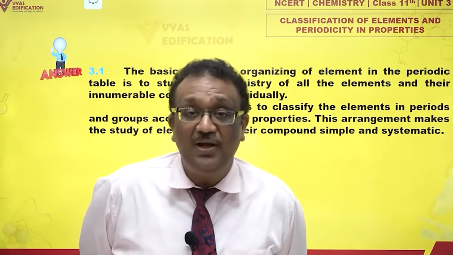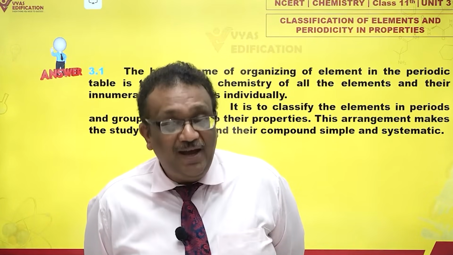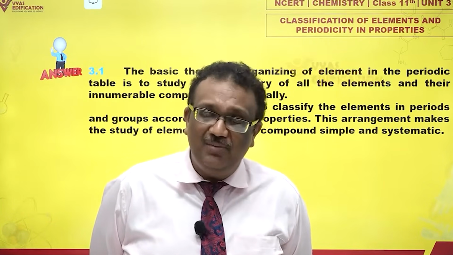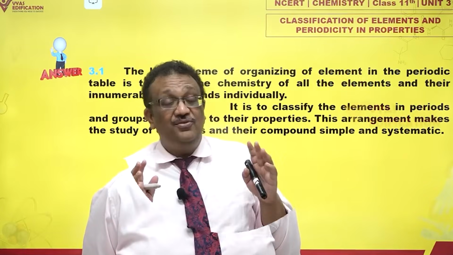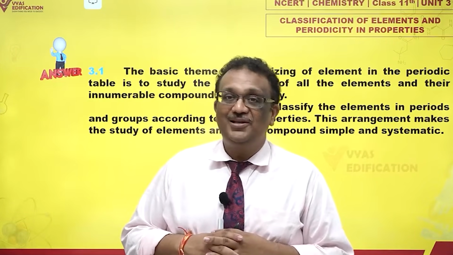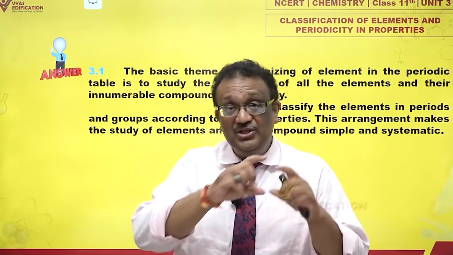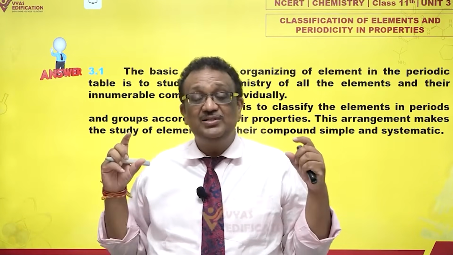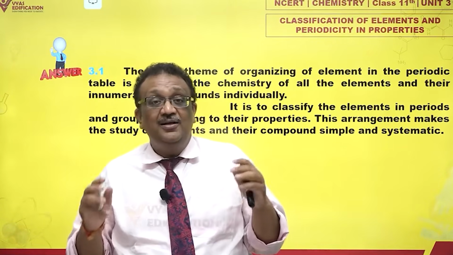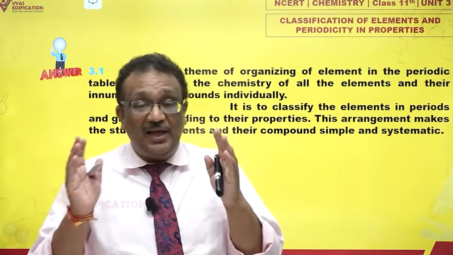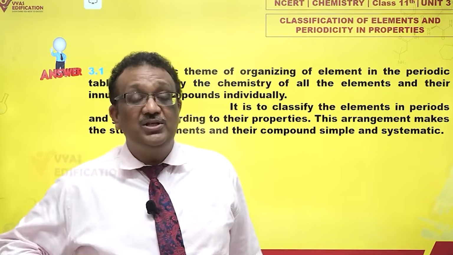And this systematic organization makes the study of various elements a lot simpler. This is the basic theme of periodic table. Trying to arrange the elements in a sequence in such a way that their properties can be related, correlated to each other.